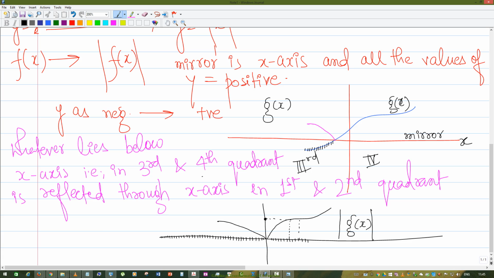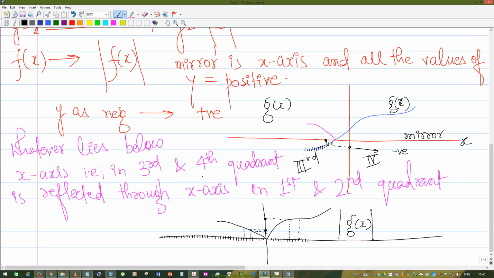Initially, if I had some x here, it would have fetched some negative value. But now, since we have taken the absolute value of g(x), the modulus value, whatever be x, y will continue being positive.